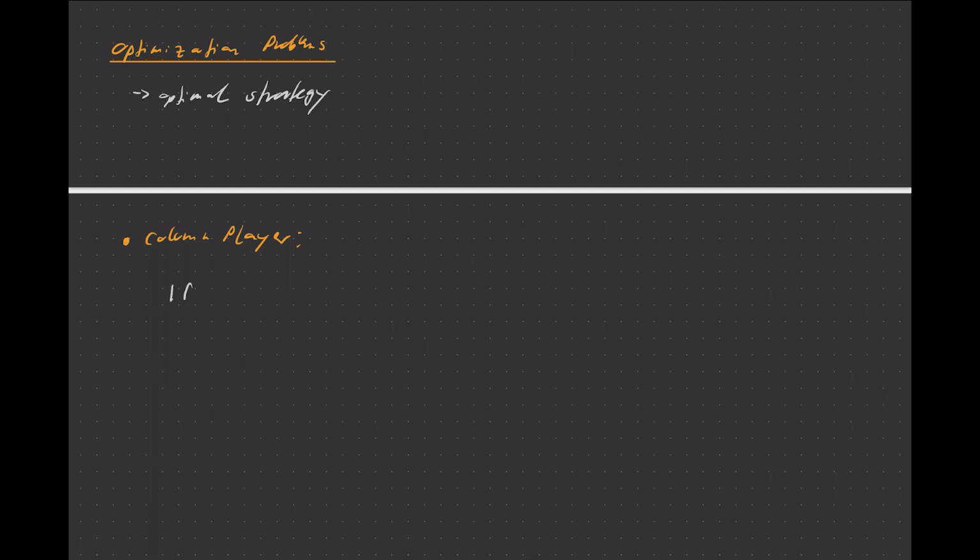So let's see how this would work out. Let's say column plays a fixed strategy x star, a strategy in SC.